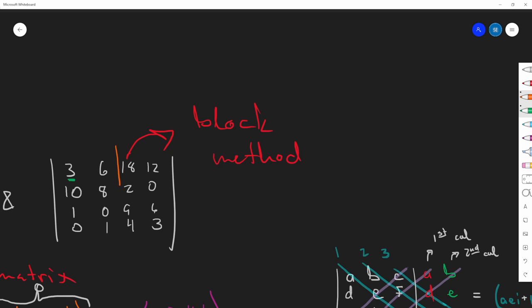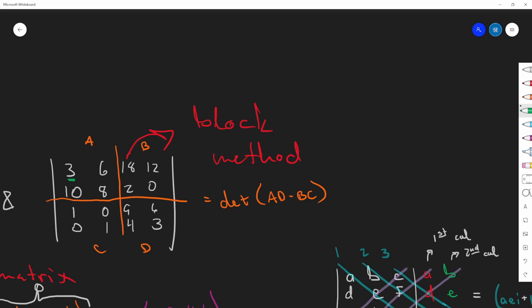So we can make 4 2x2 matrices, and we're just going to label them block A, B, C, D. And so the determinant is equal to the determinant of the product of block A times D minus B times C.